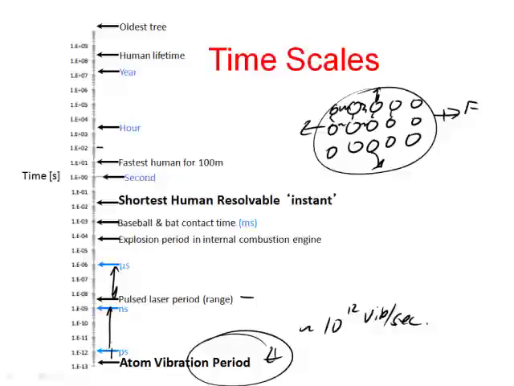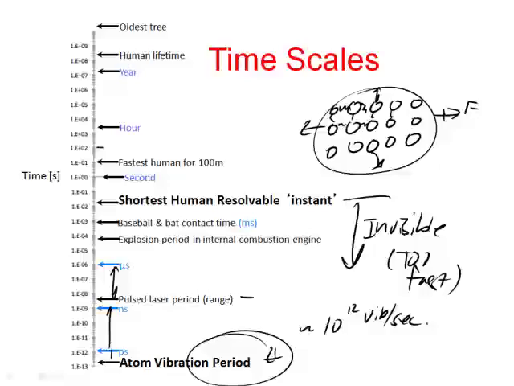Some of the fastest things we might be able to see, the fastest thing we can resolve, is a little bit longer than the contact time of a baseball on a bat. And all of this stuff is basically invisible because it's just too fast for us, and we can build oscilloscopes and do some other things, very high-speed photography, to show these things. But things that are too fast are hard to understand, but important.